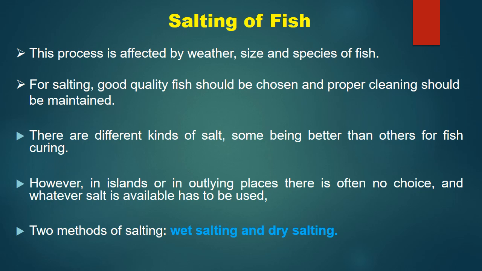However, in some distant islands or other distant places, there may not be much choice, so whatever salt is available has to be used. For salting, there are two methods, wet salting and dry salting, which we are going to discuss briefly, and later we will discuss in detail how it is to be processed.